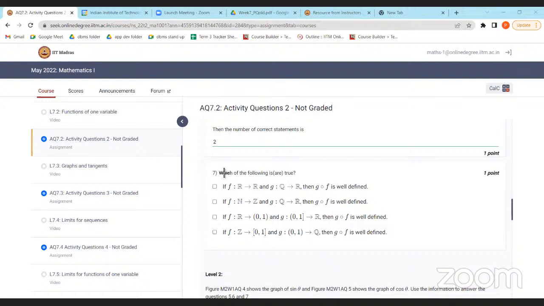So how to find out? Well defined means what? Tell me the first step. What are the steps involved in finding the domain of this composite function? Anyone?